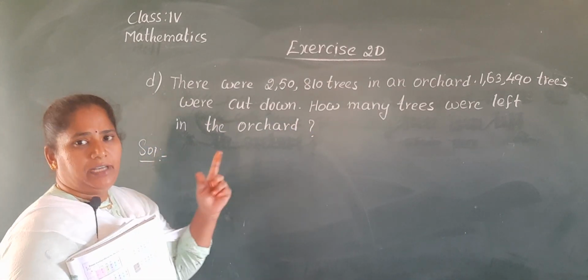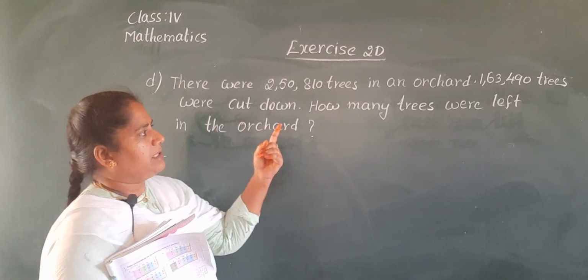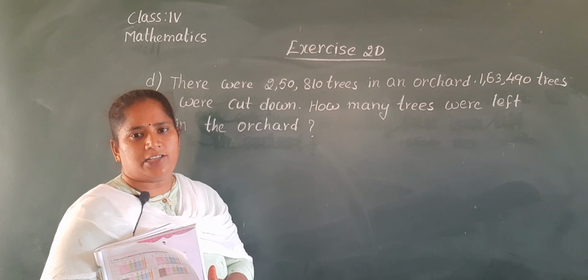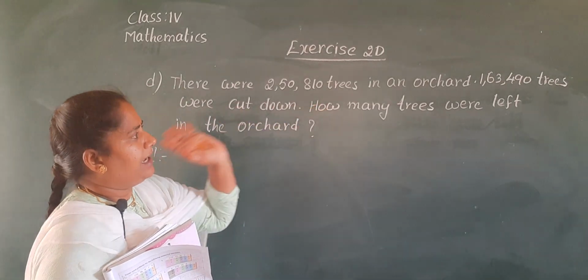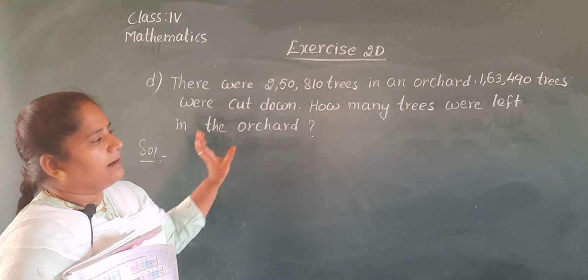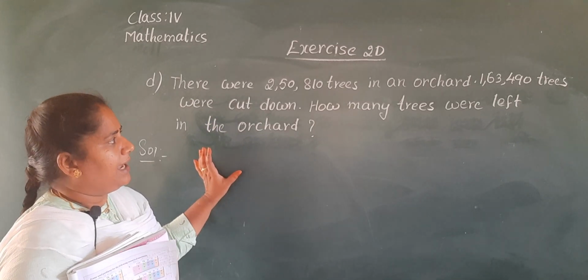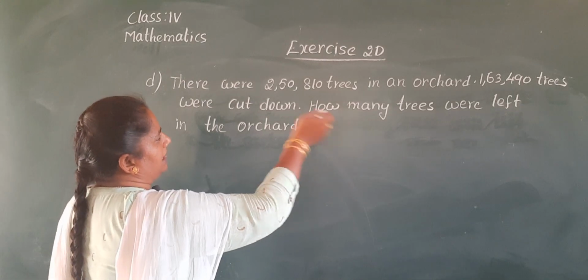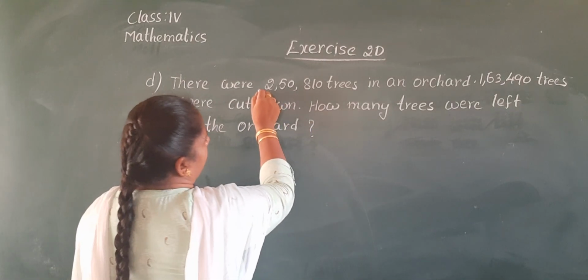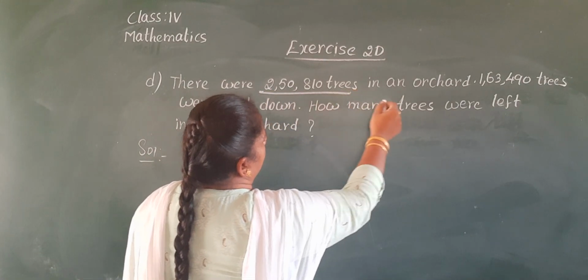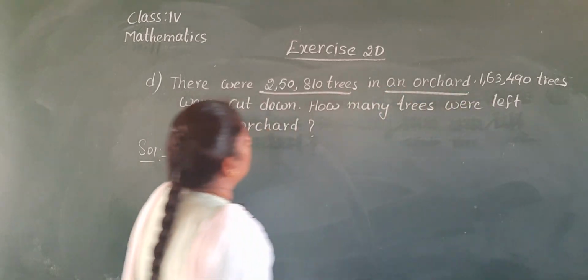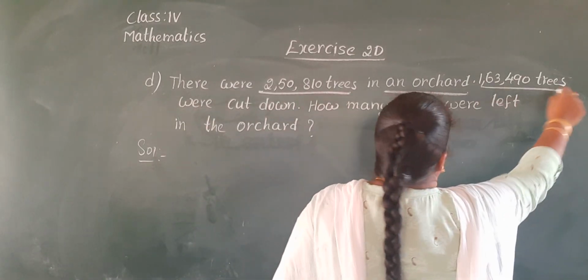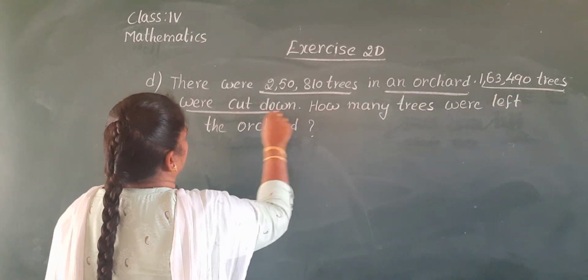Seema, there were 2,50,810 trees in an orchard. Orchard means it's a number of trees in one place, Nana. So, more number of trees in one place, that is called orchard. 1,63,490 trees cut down.